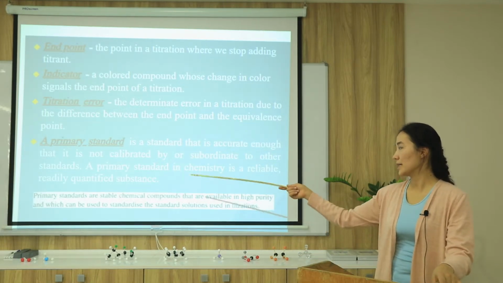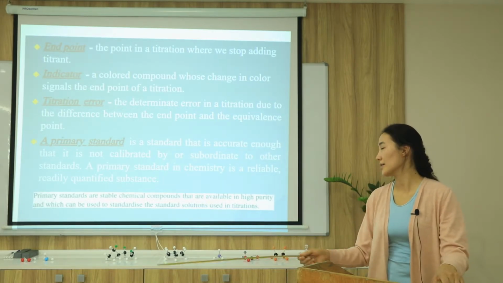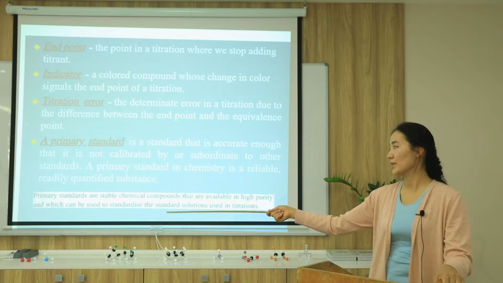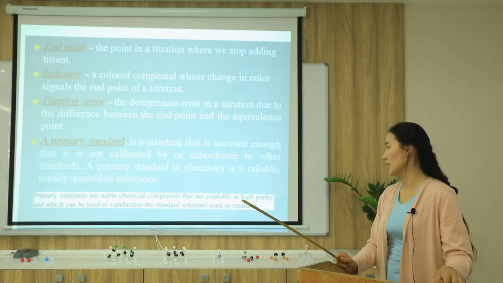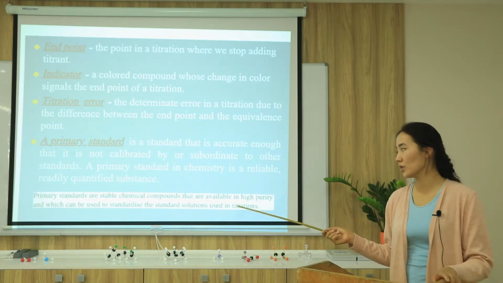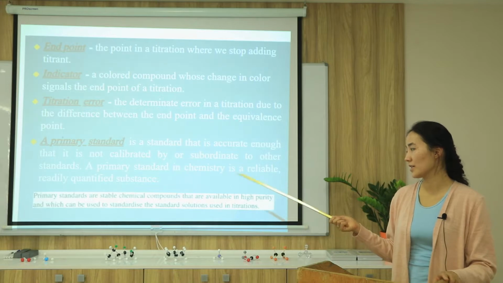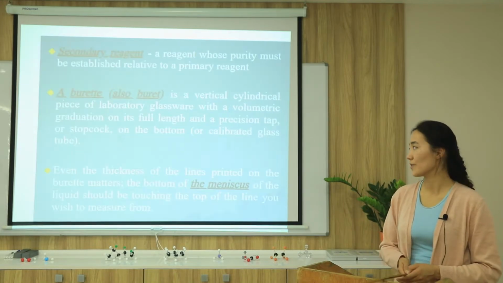In chemistry it is a reliable, readily quantified substance. Primary standards are stable chemical compounds that are available in high purity, so they are used to prepare most standardized solutions used in titrations.